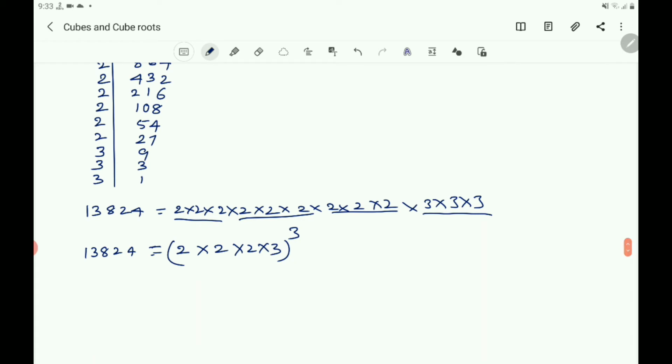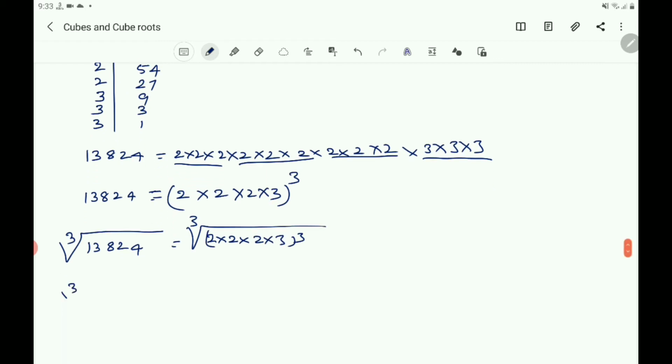Then you take the cube root on both sides. Cube root of 13,824 equals cube root of 2 into 2 into 2 into 3 whole cube.